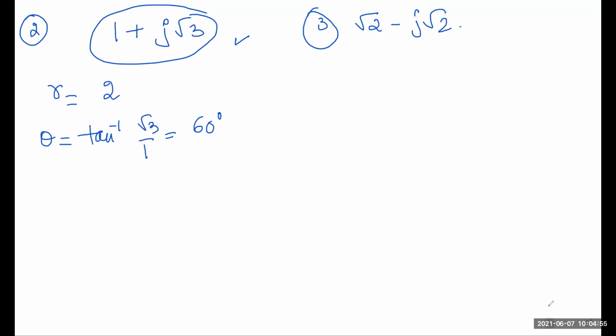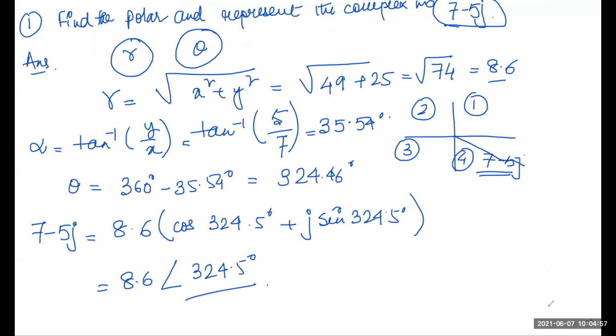Acha. One more thing you see. In my previous problem, let me clear this one thing. Rest of all you will see in the chapter. What was my theta coming? Ma'am, 324.46. Yes, that means if my first quadrant lies from 0 to 90, then the next is from 90 and so on, the range of each quadrant.